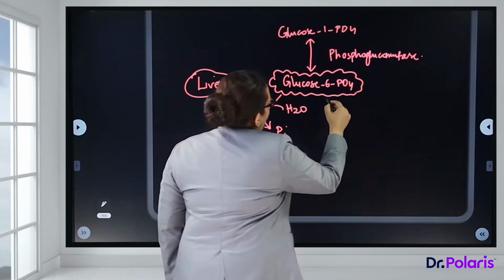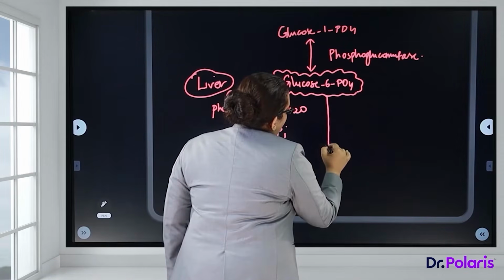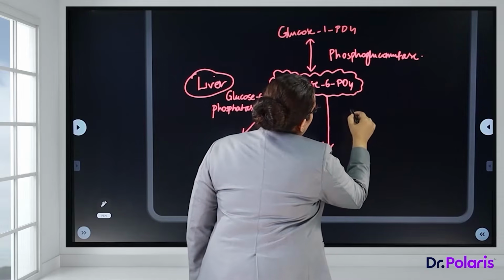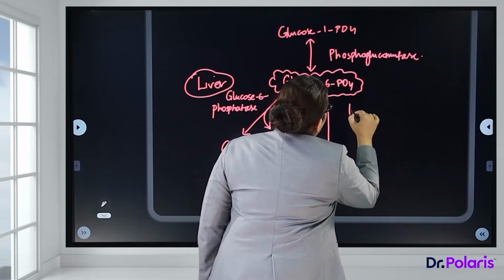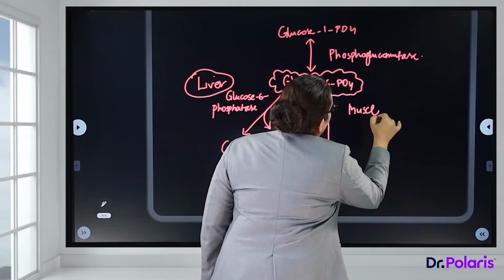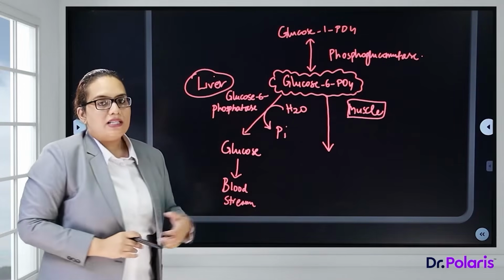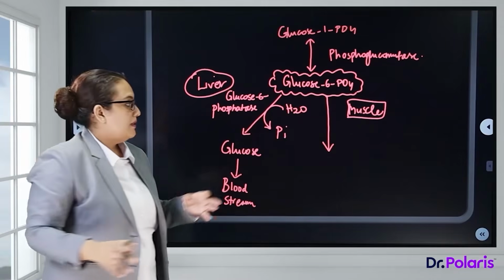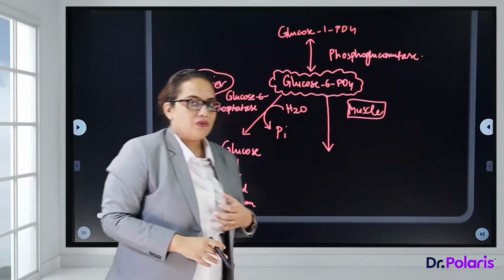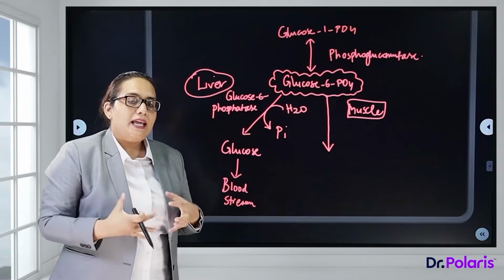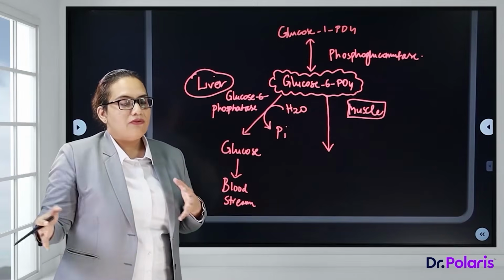The other thing is, if glycogenolysis occurs within the muscle, what happens is this enzyme glucose 6-phosphatase is absent in the muscle. The muscle lacks glucose 6-phosphatase, so the muscle is unable to break down glucose 6-phosphate.